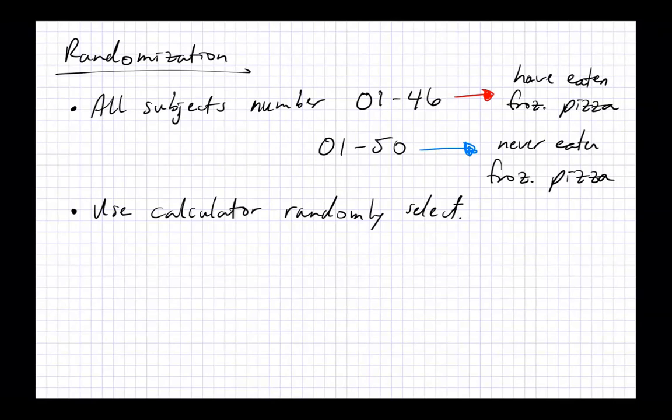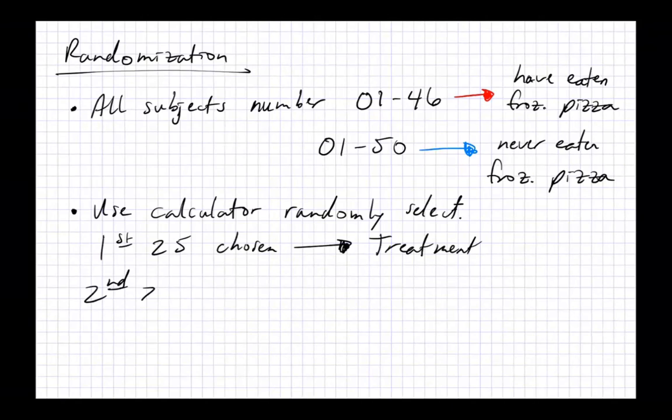So I would go: first 25 chosen goes to the treatment group. Second 25 chosen goes to the control group.